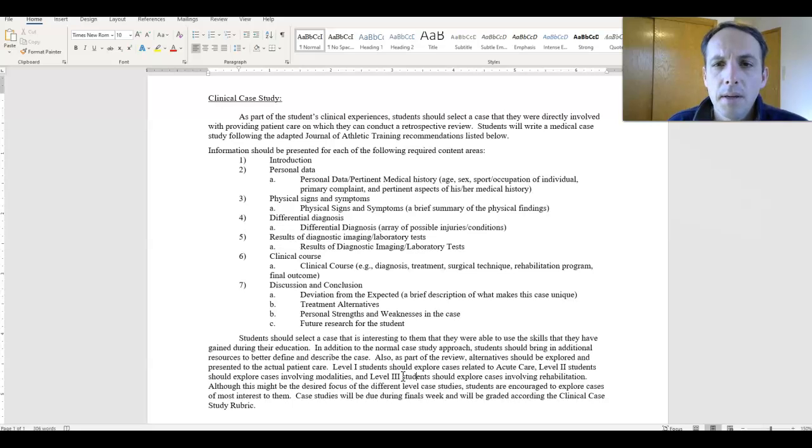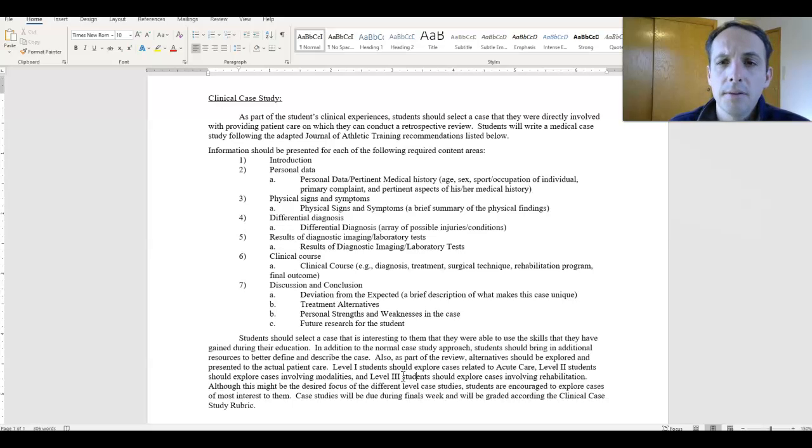In your second semester, right, you'll have more emergency management sort of thing. So maybe a case with a patient that has diabetes perhaps, or maybe an interesting modality case that you do for the first time, if you're comfortable with that towards the end of the semester. Different things like that are good case studies.